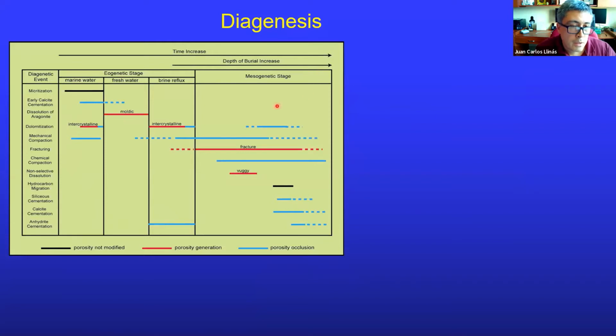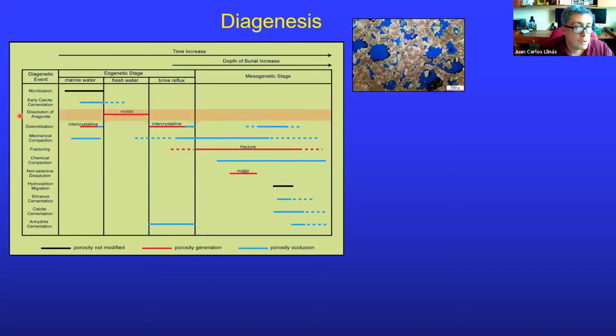And here in blue, I highlighted the processes that affect porosity, that preclude porosity, and in red, diagenetic processes that favor or enhance, or at least protect, porosity from destruction. Among the processes that favor porosity, we have dissolution of aragonite.